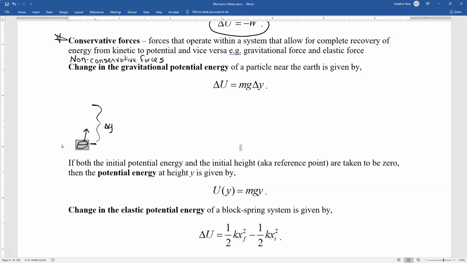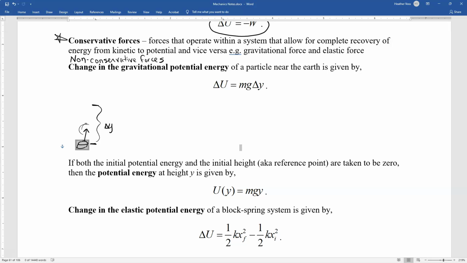The change in our potential energy, final minus initial, is going to equal the force that's applied times how far we've moved it. So this is basically mg times the change in our elevation, and it all ties back into work done to lift the object, to increase the separation.